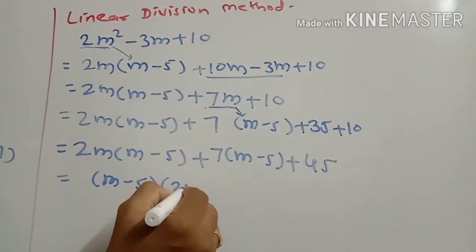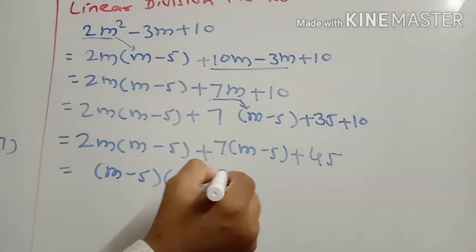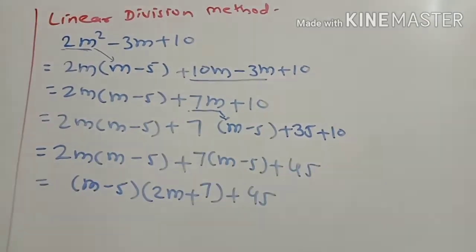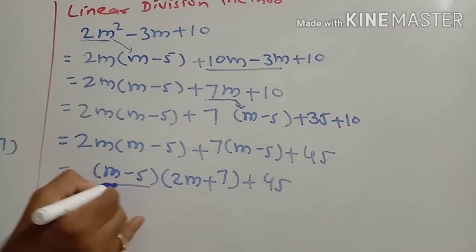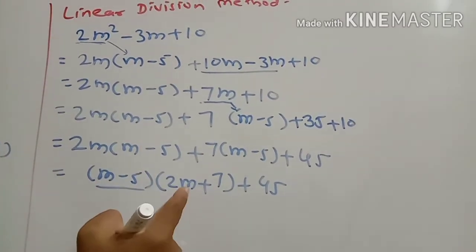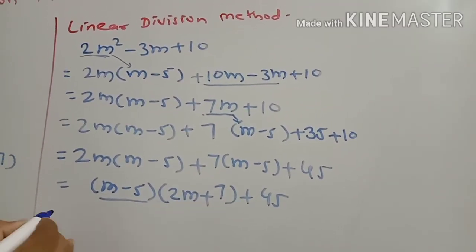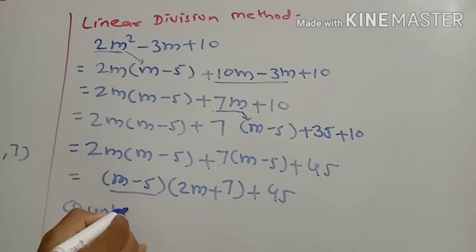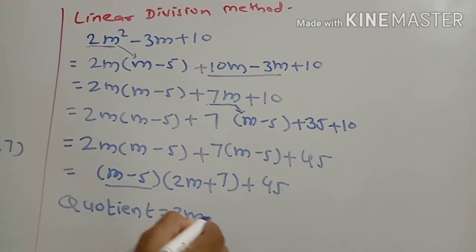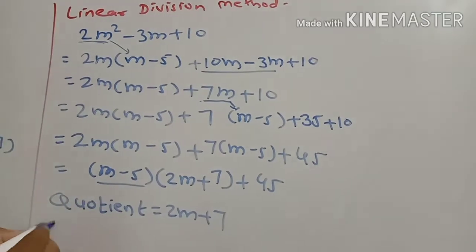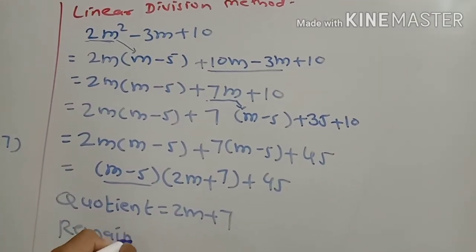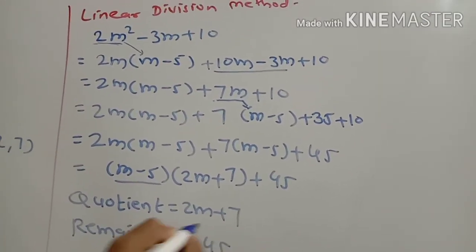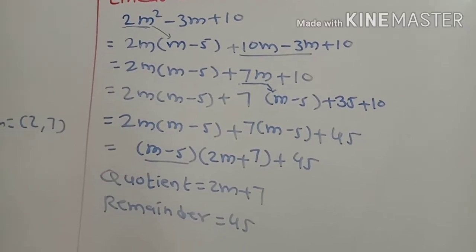The remaining terms we write in the second bracket, 2m plus 7, plus this 45. Now this m minus 5 is the divisor. Then this is the quotient, and therefore the quotient is 2m plus 7 and the last term is the remainder, which we find is 45.